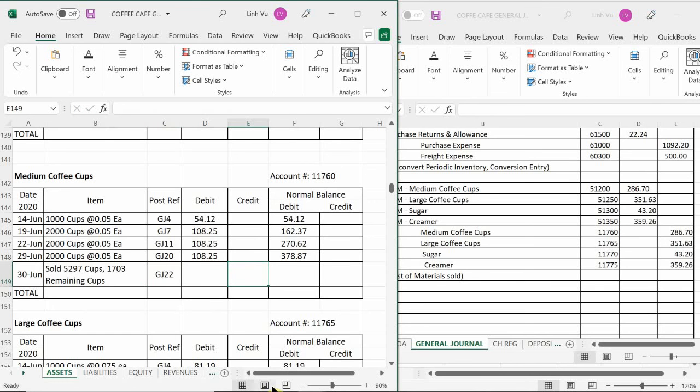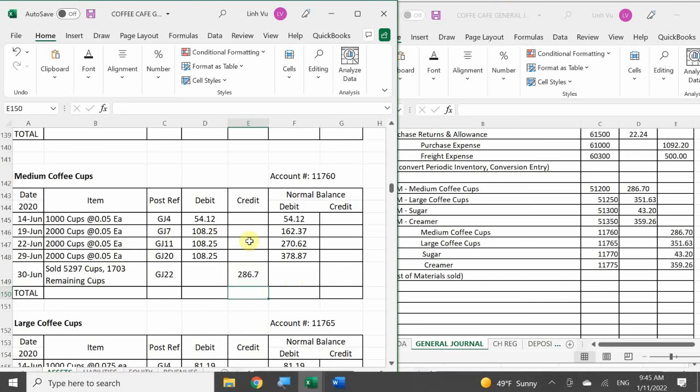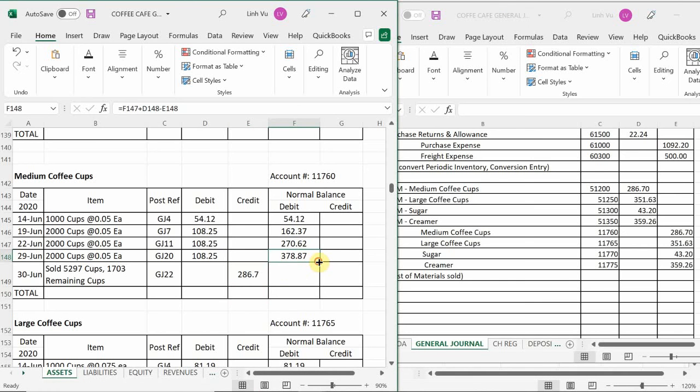So since you sold 286.70, what is your ending balance? 92.70. Good.